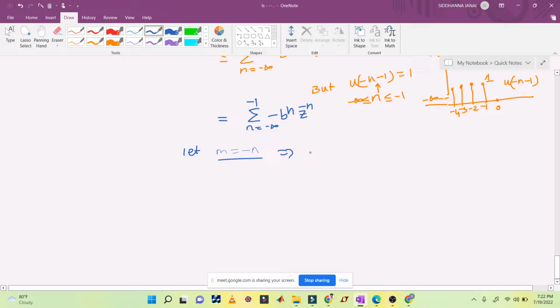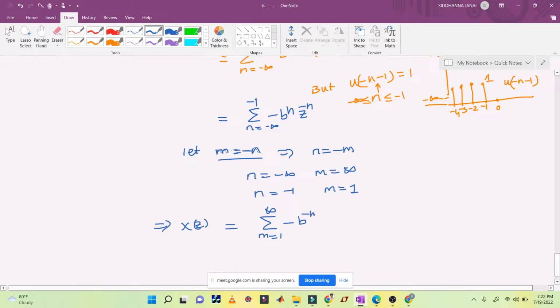This implies n is equal to minus m, and n is equal to minus infinity means m is equal to plus infinity, n is equal to minus 1 means m is equal to plus 1. Is that clear? So this implies X of z is equal to summation m equal to 1 to infinity of minus b to the power minus m z to the power m. This is what we'll get, correct?